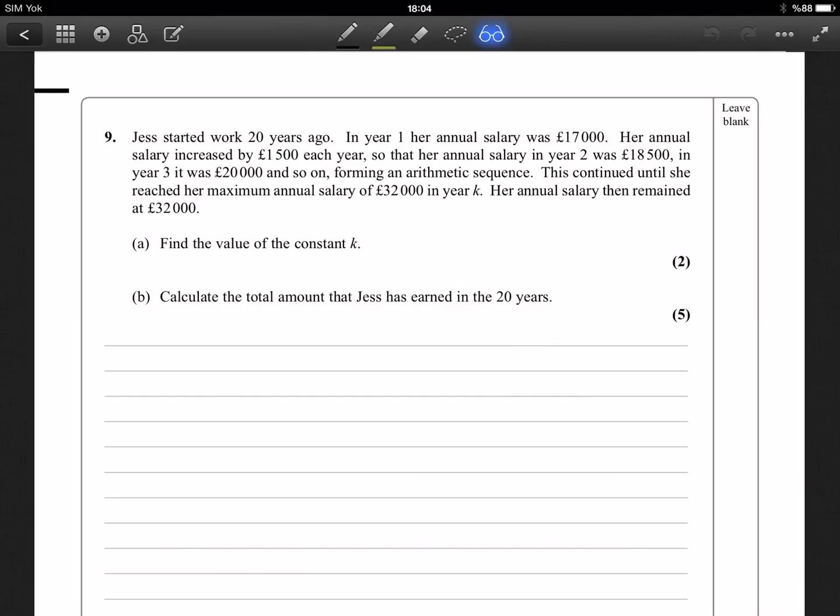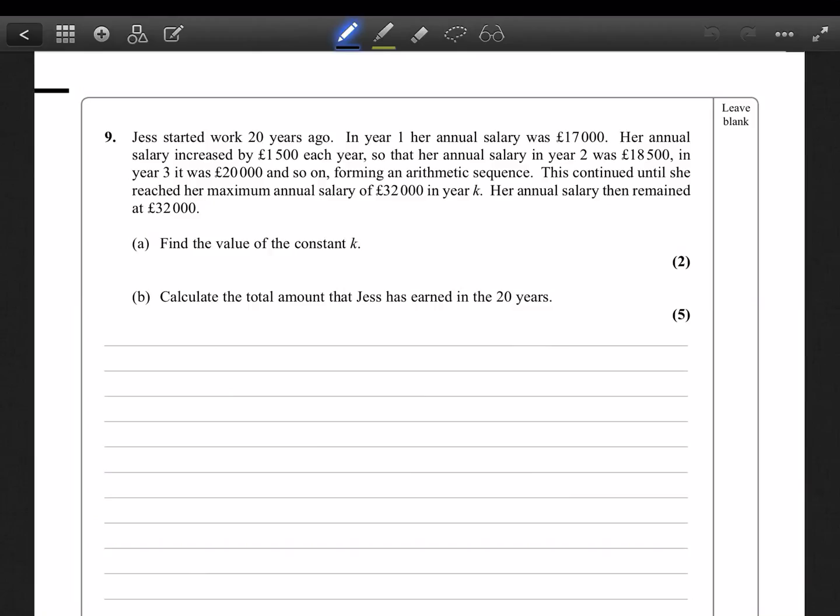This continued until it reached her maximum annual salary of 32,000 pounds in year K. Her annual salary then remained at 32,000. Find the value of constant K. Calculate the total amount that Jess has earned in the 20 years. A little bit confused, but not really hard.